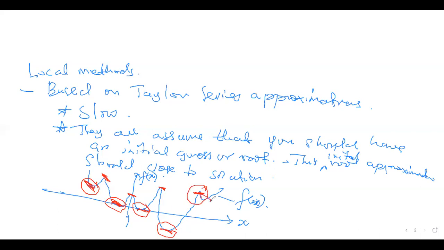Sorry, you have a minimum here, right? So if you need to find the minimizer of this function, you're going to find that you have an infinite number of minima. And the lowest point, we call it the global minima. It is the global minimizer of the function.